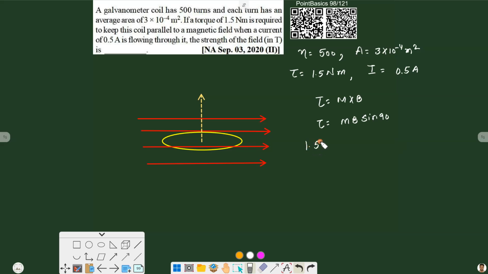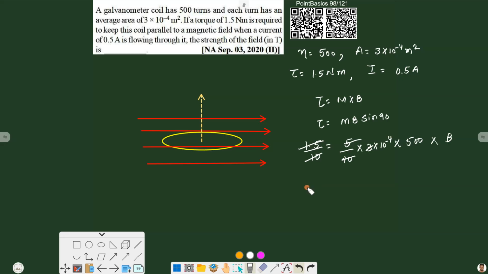Value of torque is 1.5. M is I times area. So 5 by 10 into area, that is 3 into 10 raised to power minus 4, multiplied by the number of turns, that is 500. So this is the value of magnetic dipole moment, into the magnetic field, which we will find out. 1.5 we can write as 15 by 10 and it will get cut, and 5 into 3 is 15, so this will also get cancelled.